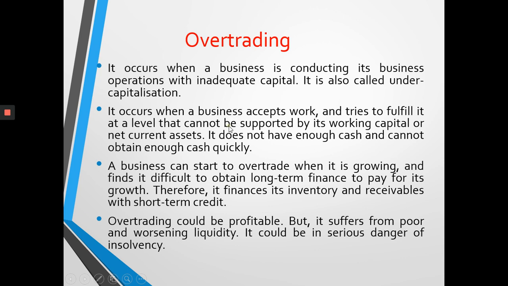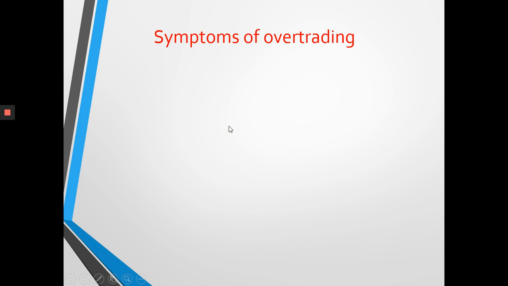So let's look at the symptoms. The symptoms are a greatly increased sales. Class, greatly increased. If you write your answer as just increase in sales, so if I ask you the question, what are the symptoms of overtrading, and you say increase in sales, that means wrong.